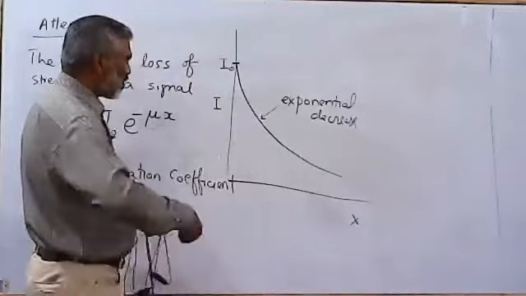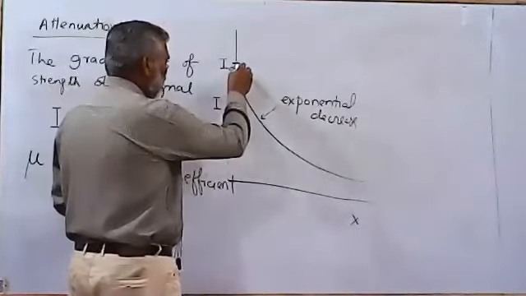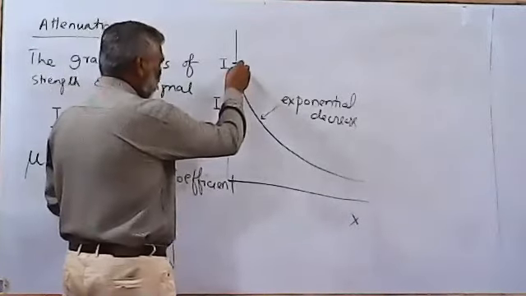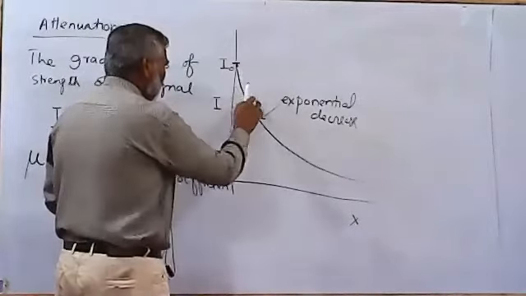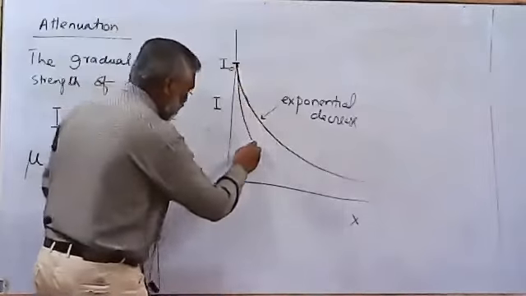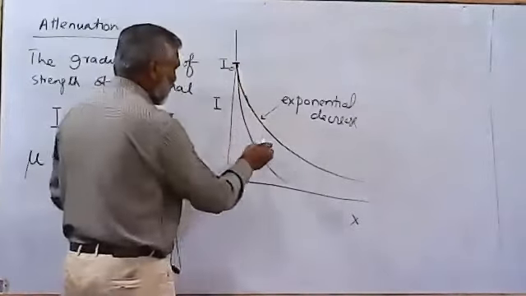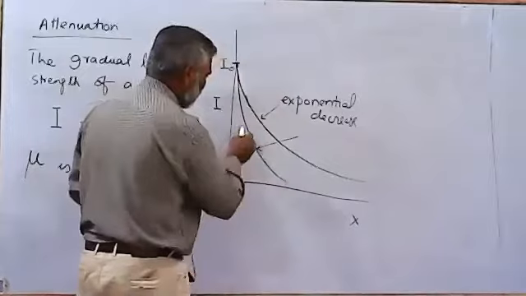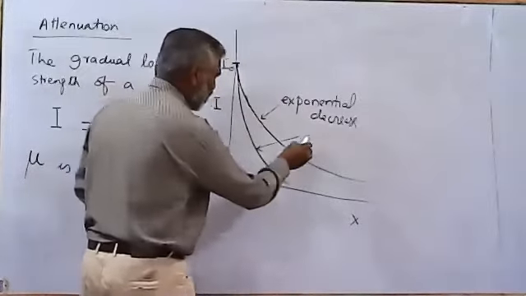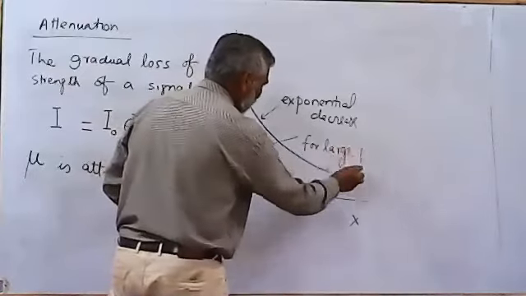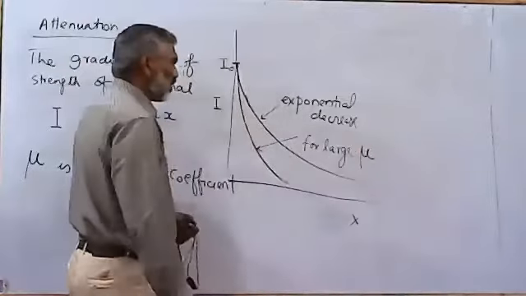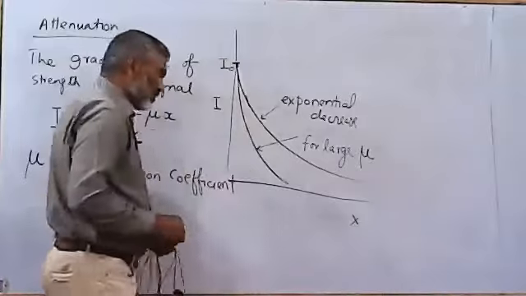So if there are two graphs given, suppose you start with the same value, this is the kind of situation for a large value of mu. This is for a smaller value.